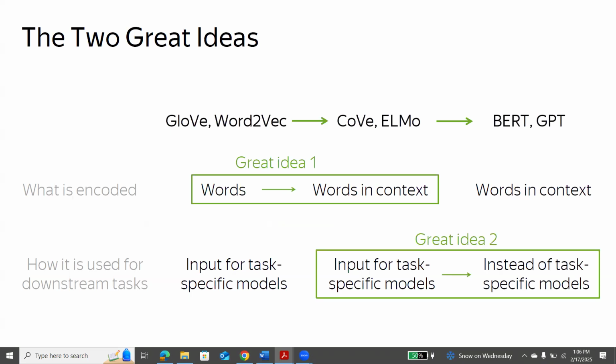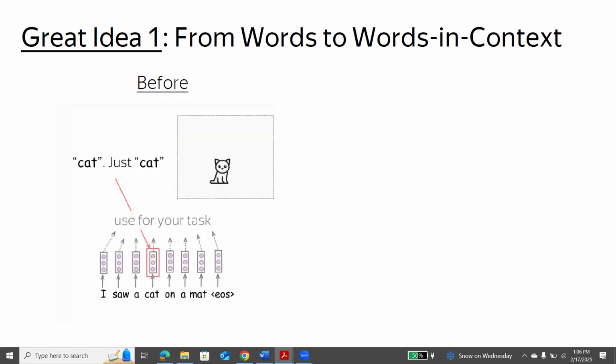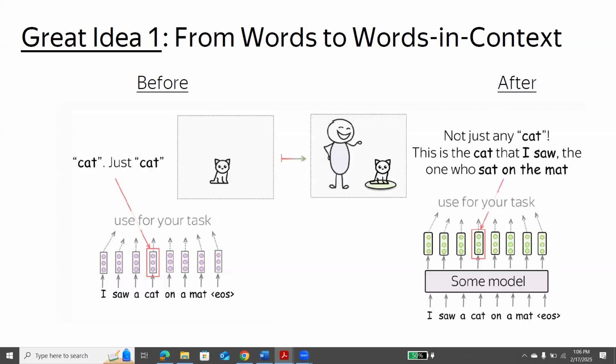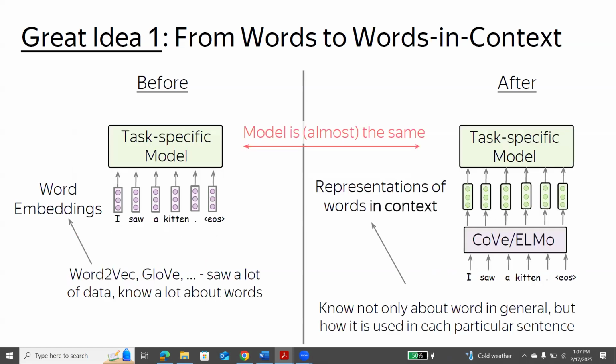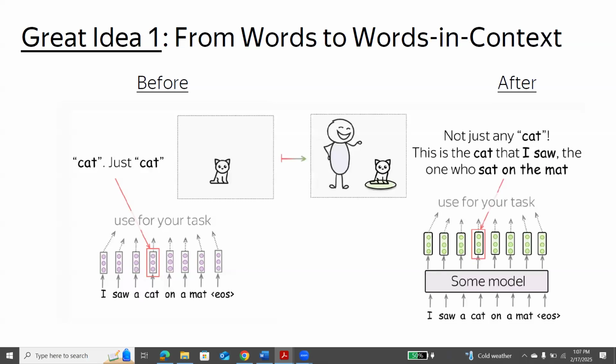Then we will talk about the second idea. The idea of ELMo was to use some model that creates embeddings that actually look at the input sentence, and after that, use these embeddings for a specific task.